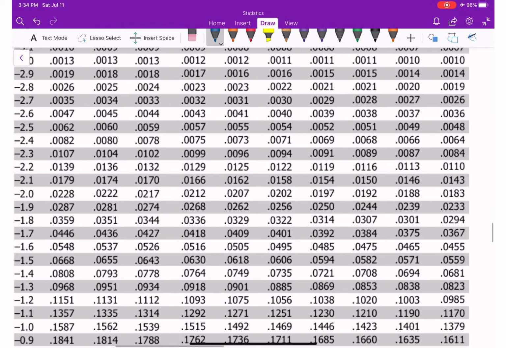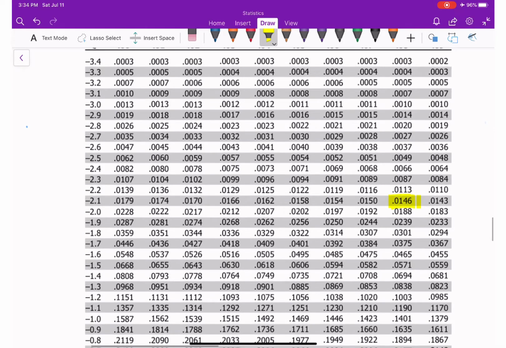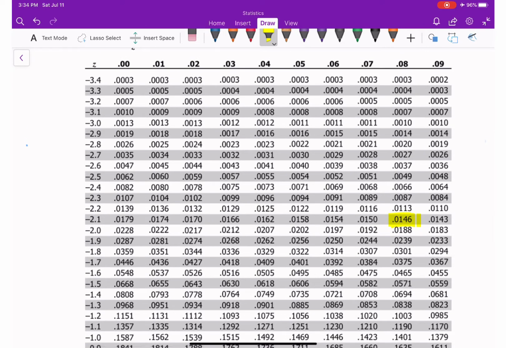If I am looking around, here it is. Which, if I come horizontally and go vertically, it's going to be negative 2.18.